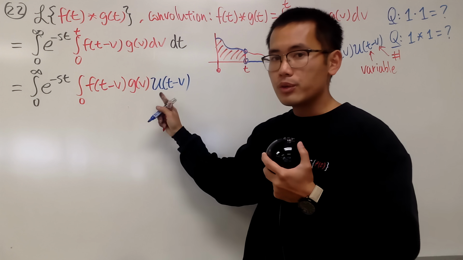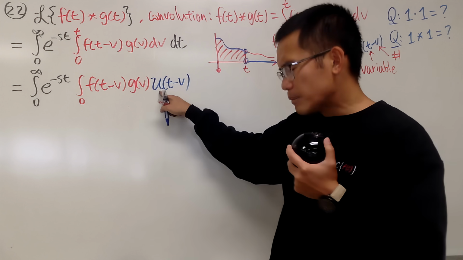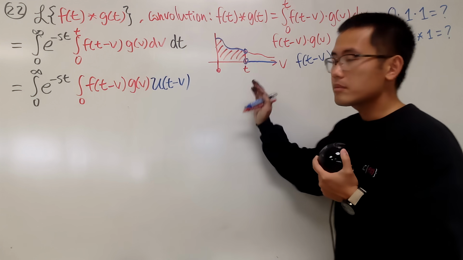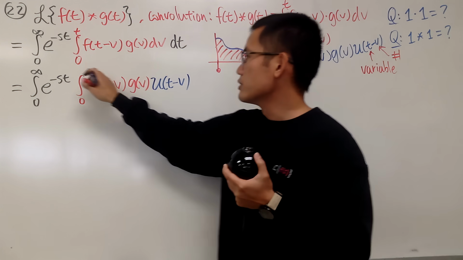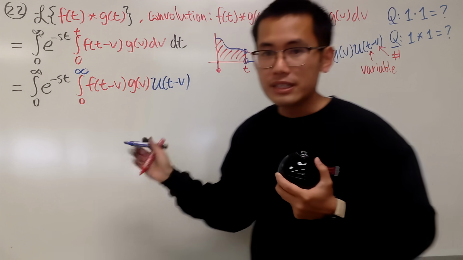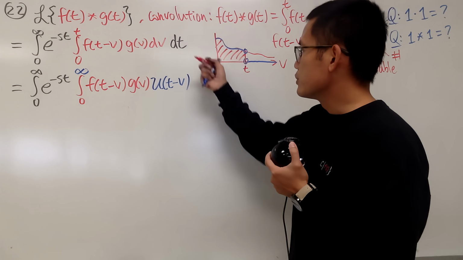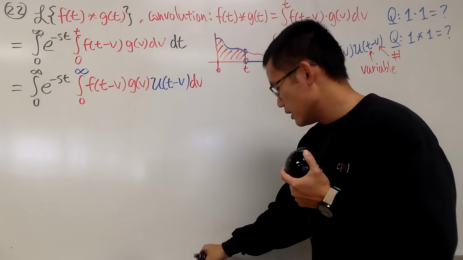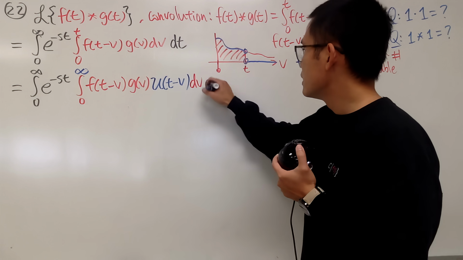Because I multiply by u of t minus v, from t and onward it's 0, so I will change that to infinity. That's very nice. And then just continue. We have the dv, and then we have the dt.